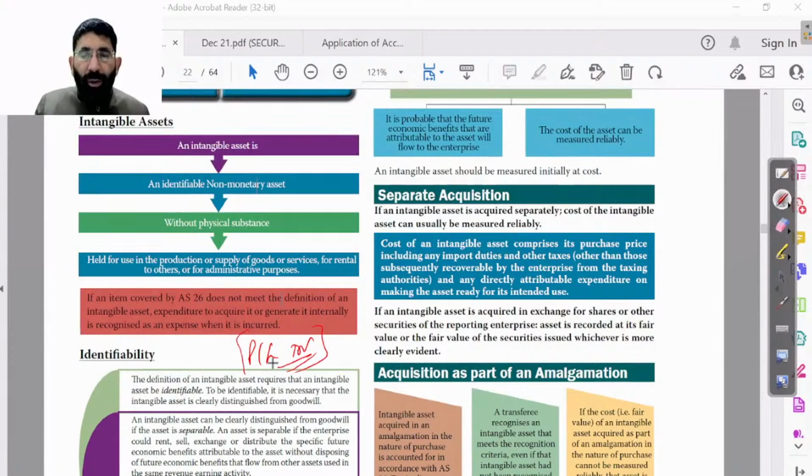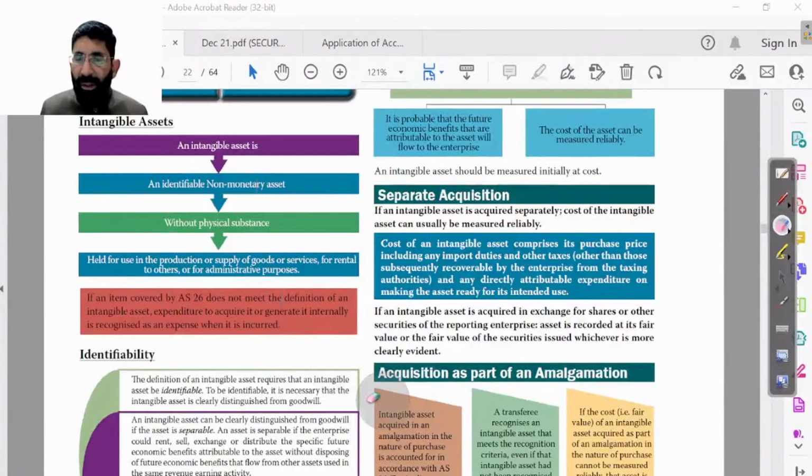If it is not possible to assume that as a goodwill because the definition is not confirmed, it is not covered under the definition, then it will be written off to P&L account by debiting the P&L account. That's it. By treating it as a revenue expense of that particular year if it is unable to be explained. Is that clear?